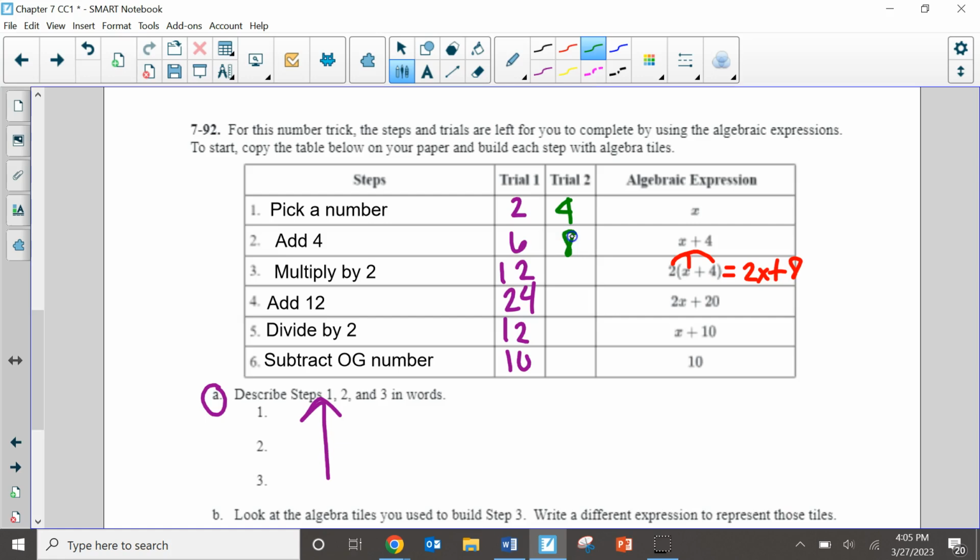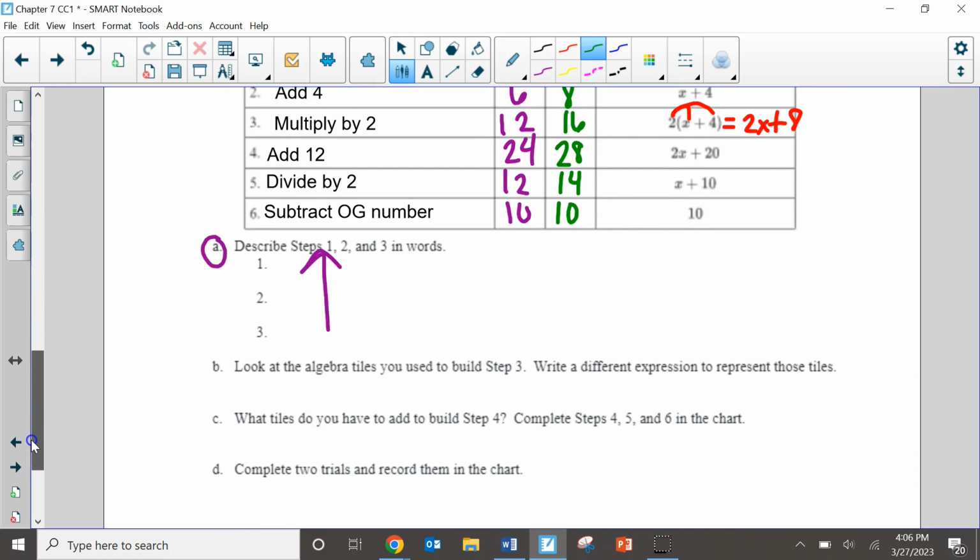Add 4, which is 8. Multiply by 2 is 16. Add 12 is 28. Divide by 2, which is 14, and subtract my original number, which is 4, and you do get 10. If you chose different numbers, it should not matter. You should get 10 every single time.